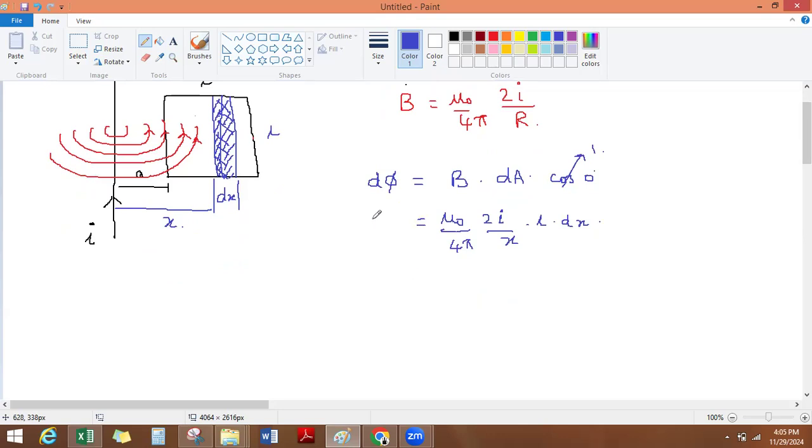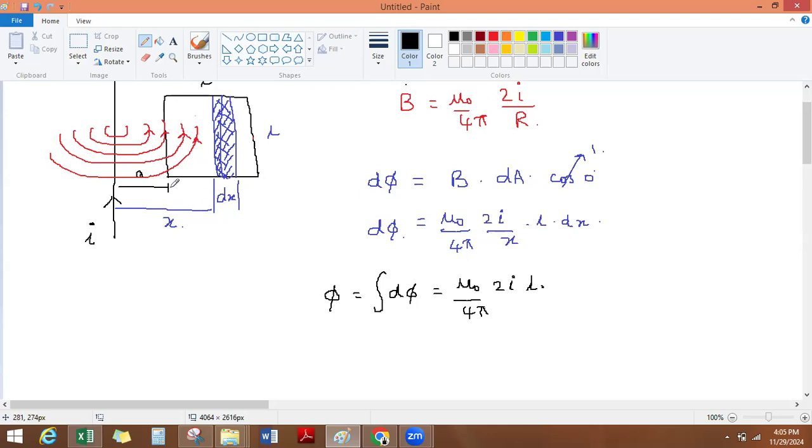So if I want the total magnetic flux, I just have to integrate this. Mu naught by 4 pi is a constant, current is constant, L is a constant, the length of the wire loop. So only the x is going to change from here to here.